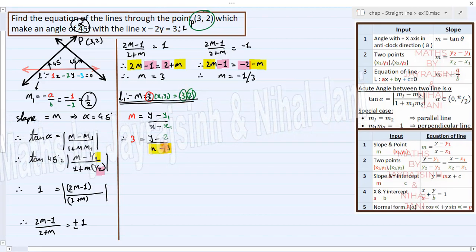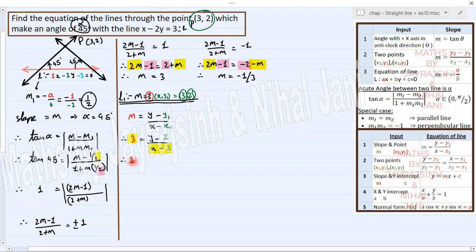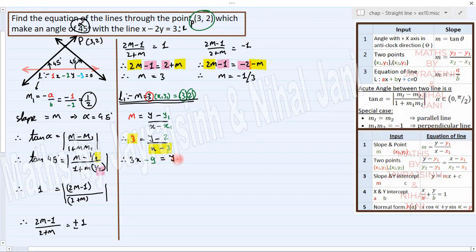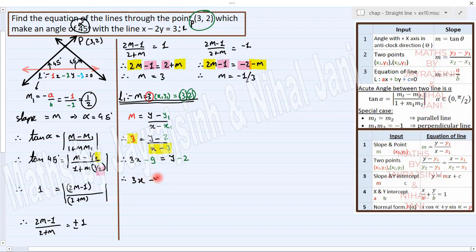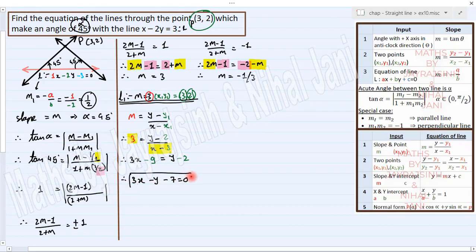To get the final answer, you have to multiply x minus 3 with 3. So we'll get 3x minus 9 is equal to y minus 2. Or we can say 3x minus y minus 7 equal to 0 is the required first line.